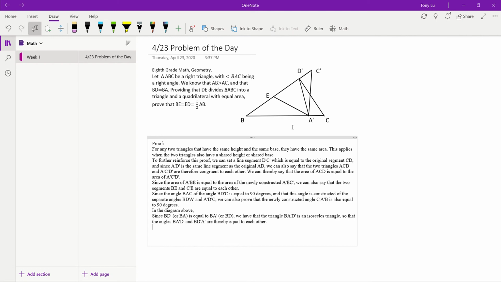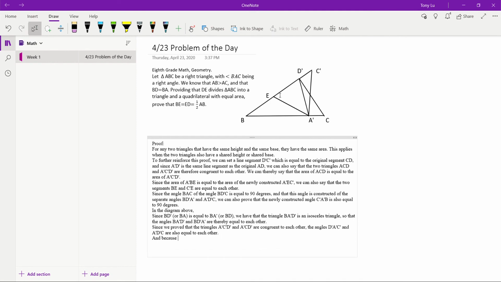So we also have the angle, since we proved that the triangles A'C'D' and A'CD' are congruent to each other, the angles D'A'C' and A'D'C are also equal to each other.